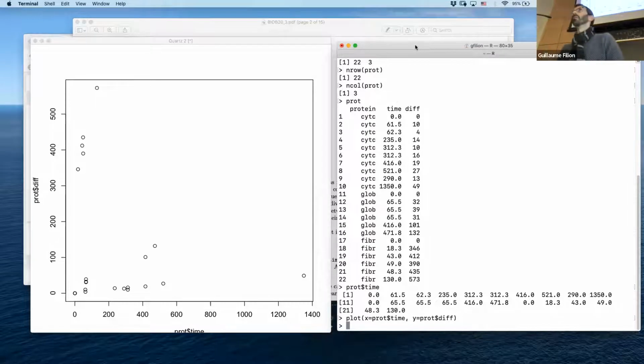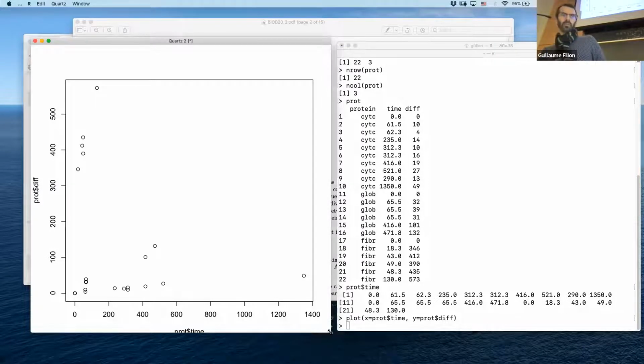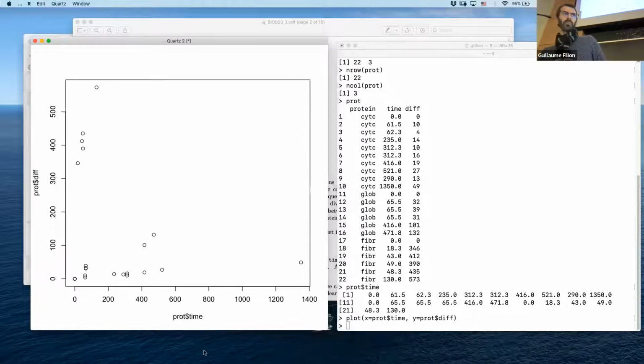Okay, very good. So that's the first step of our second question. It's not the right answer just yet because we have to change the axes, etc. So we have here the name of the vectors as they are given, which is pretty ugly. prot$time, no one except an R coder can make sense of it. prot$diff here, and even though that was fairly easy because we had just one function to use, it's still a little bit ugly.